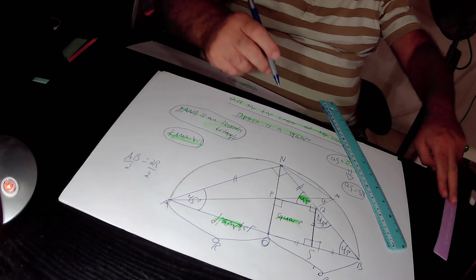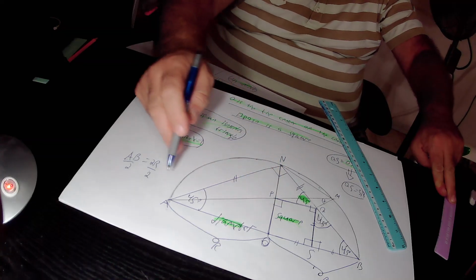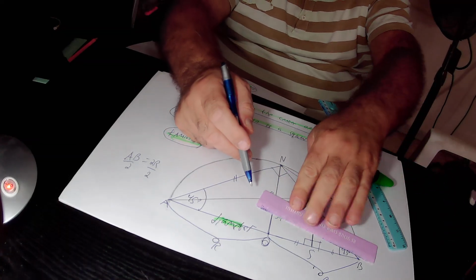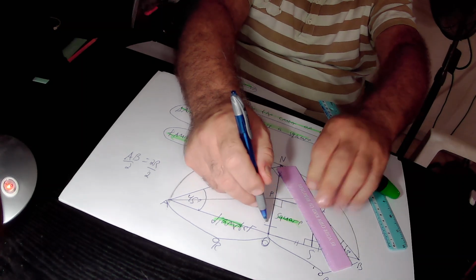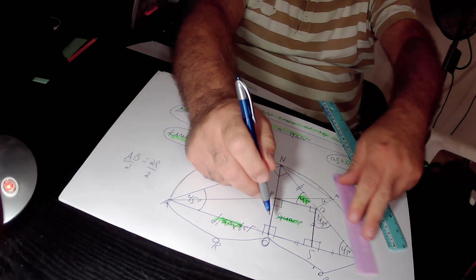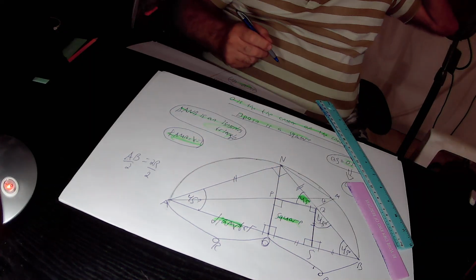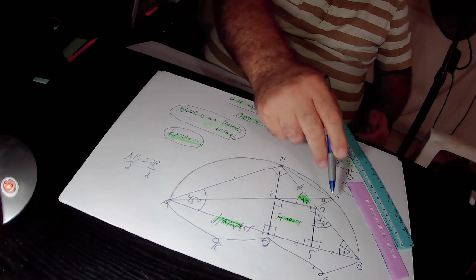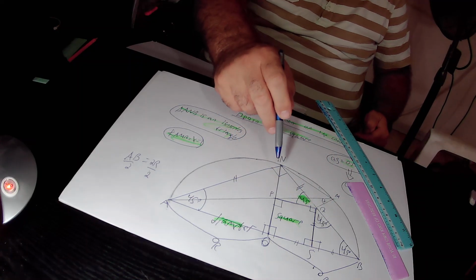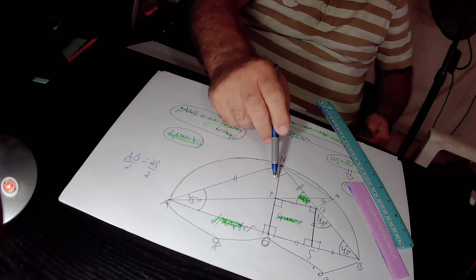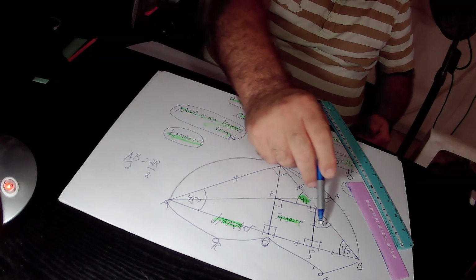So NO is perpendicular to the diameter AB, therefore this angle equals 90 degrees, and this angle also equals 90 degrees according to our construction. We know that the opposite sides of a square are parallel to each other. So in square PQSO, side PQ is parallel to the opposite side OS.